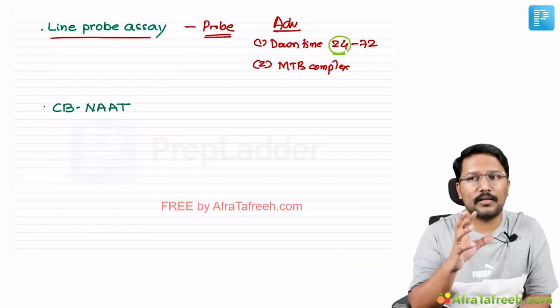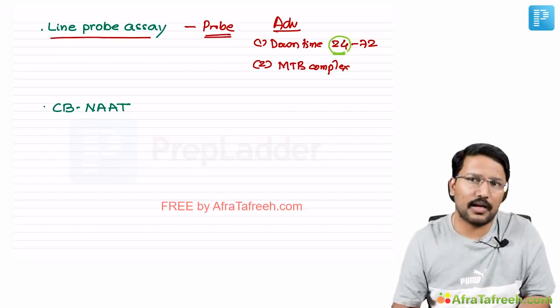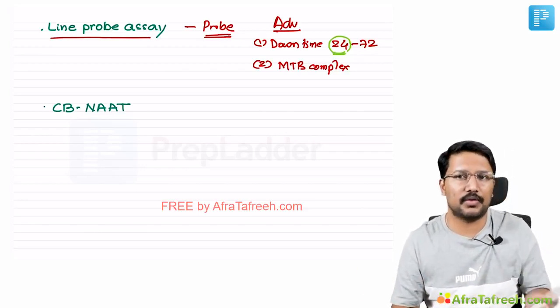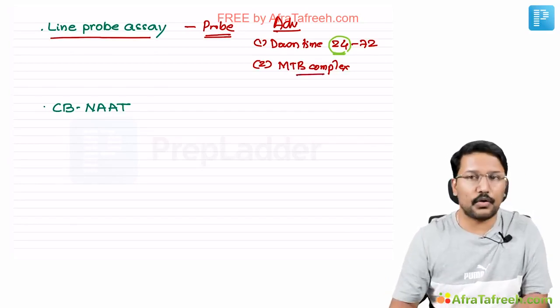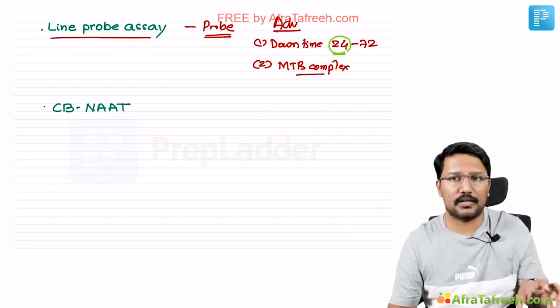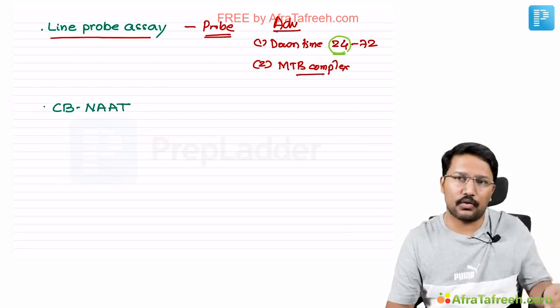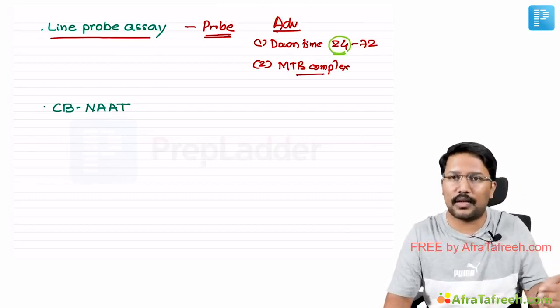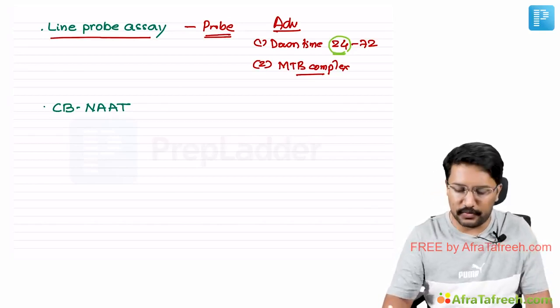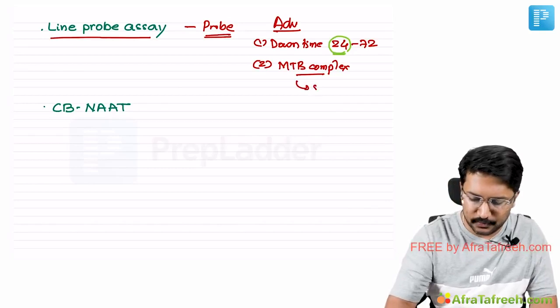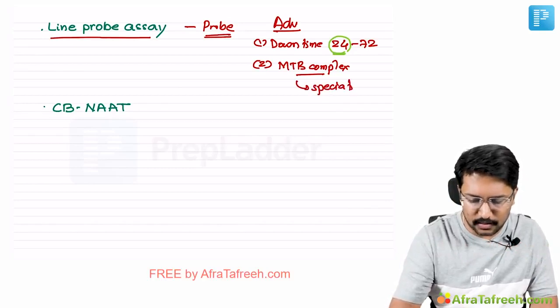It could be the MTB complex or NTM. You will not be able to speciate based on the smear, right? Here you will be able to speciate, not only identify it as MTB complex, you will be able to see whether it is Mycobacterium tuberculosis, M. bovis, M. caprae, or M. africanum. Within this MTB complex, you will be able to speciate. So speciation is one advantage.